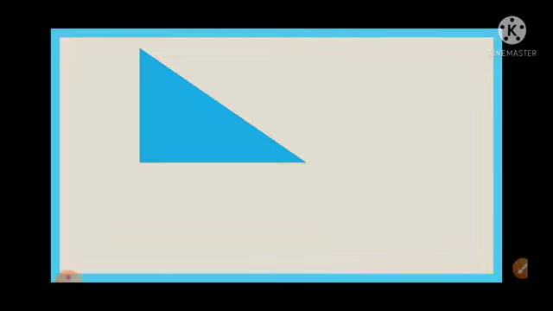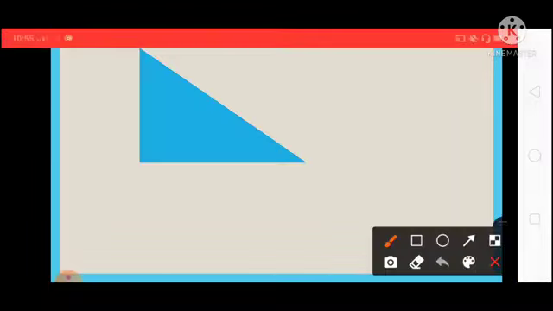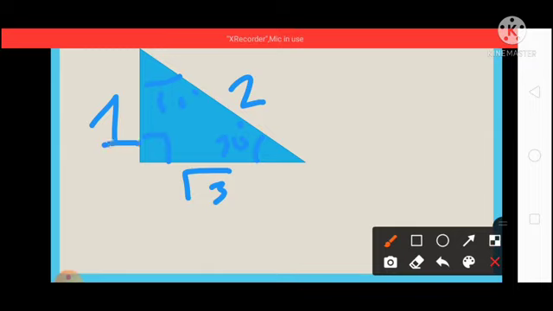If this is the triangle, this is the 90 degrees, this one is the 30 degrees, and this one is the 60 degrees. The side opposite 90 degrees is 2, the side opposite 60 degrees is square root of 3, while the side opposite 30 degrees is 1. So we have to find the value of the 6 trigonometric ratios.